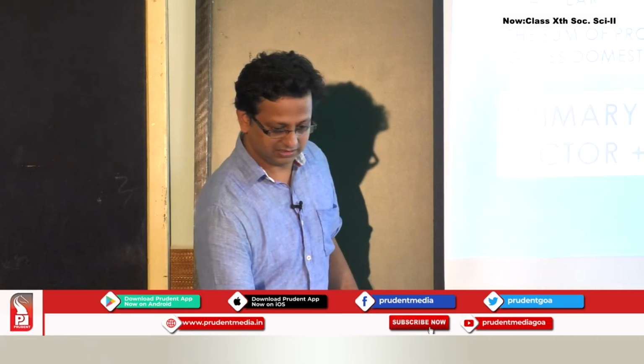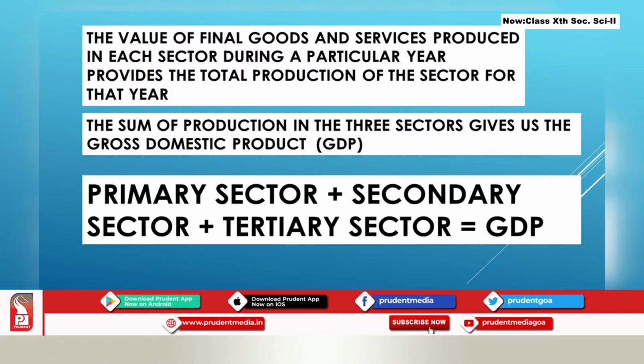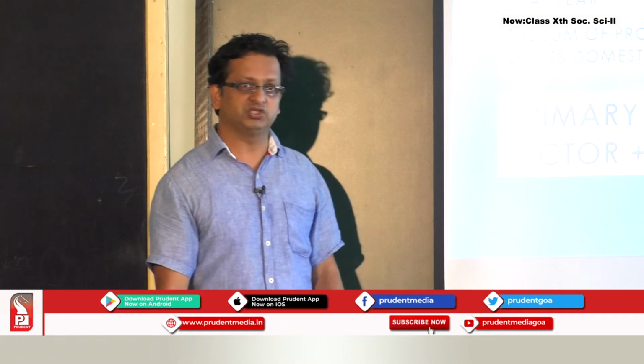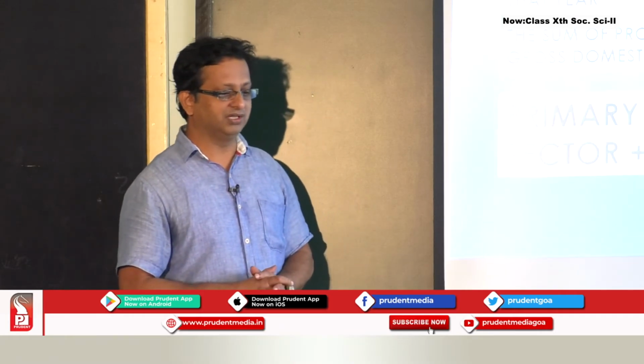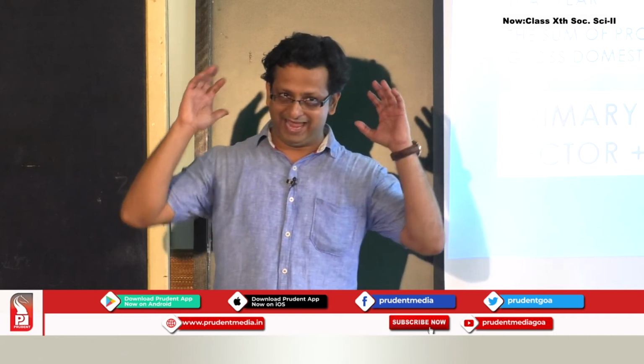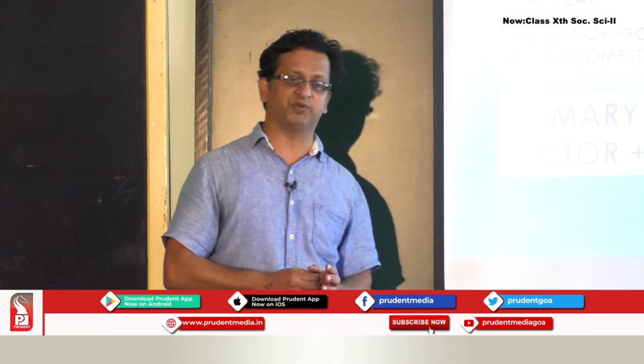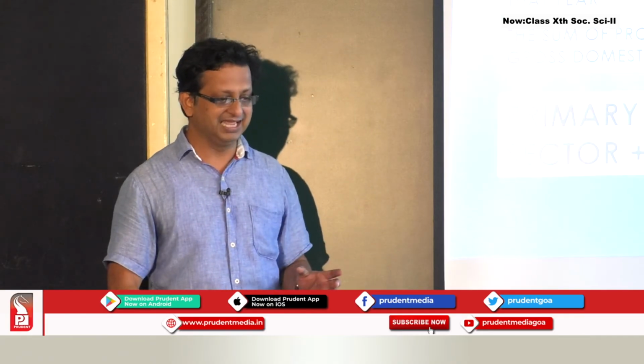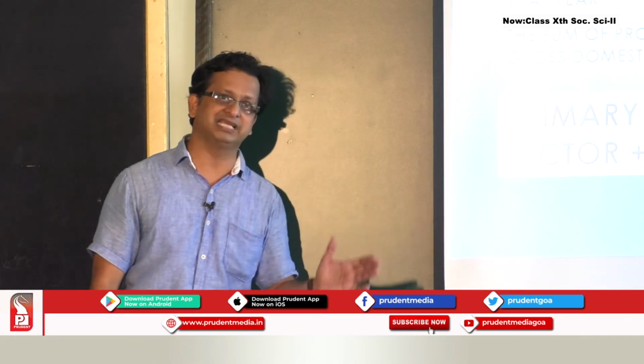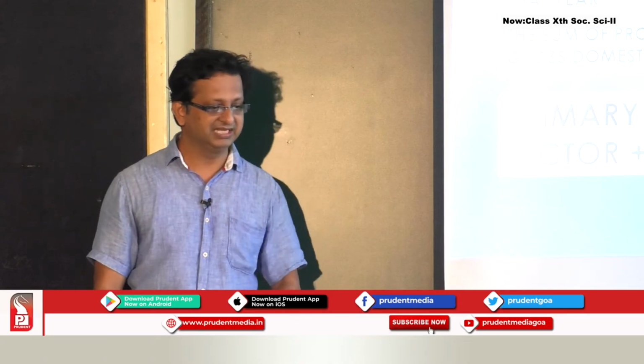So the value of final goods and services produced in each sector during a particular year provides the total production of the sector for that particular year. So if we want to calculate the GDP, we have to know the total value or the final value of all the goods and services produced in each of these three sectors. Then we have to add the value of goods and services produced in each sector.